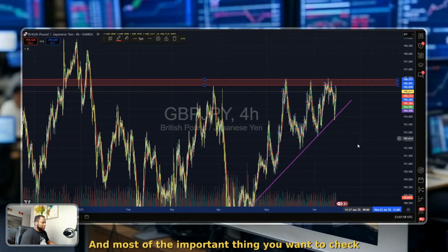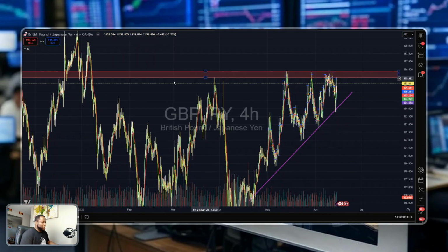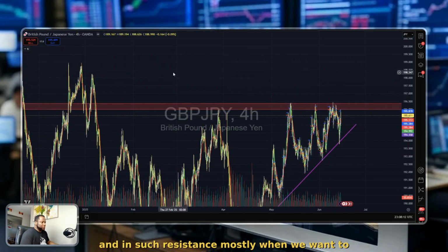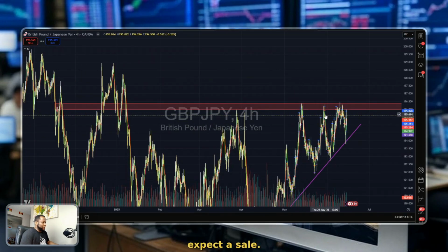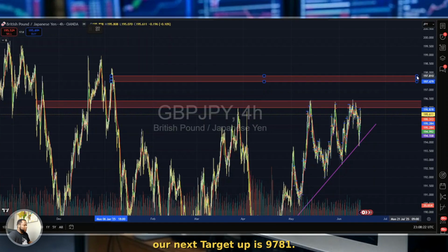And the most important thing you want to check during your trading is the momentum mostly, right? So momentum right now here is upward. We're going in the upward direction, and we are contacting this resistance here. And at such resistance, mostly we expect a sell, all right? And looking at this, if we break that resistance, our next target up is 197.81.